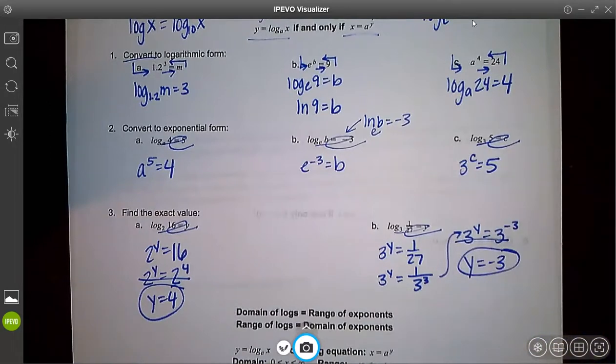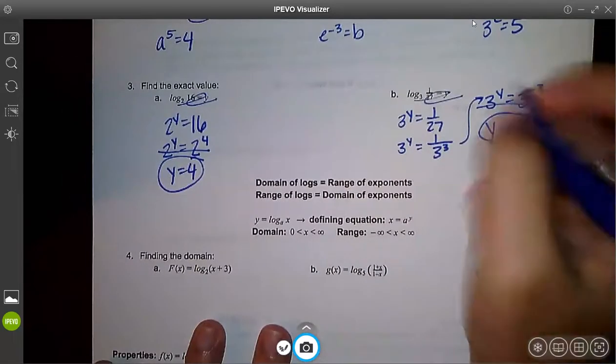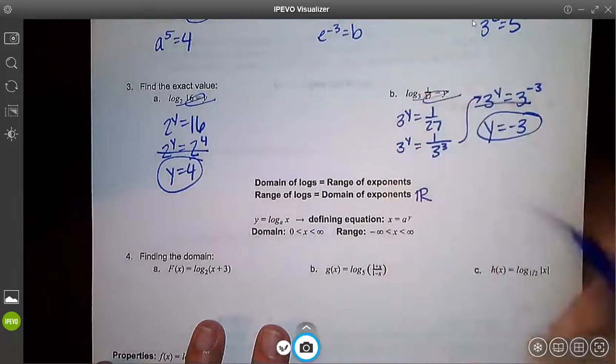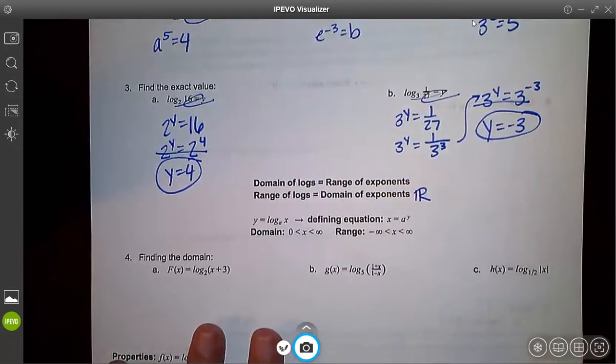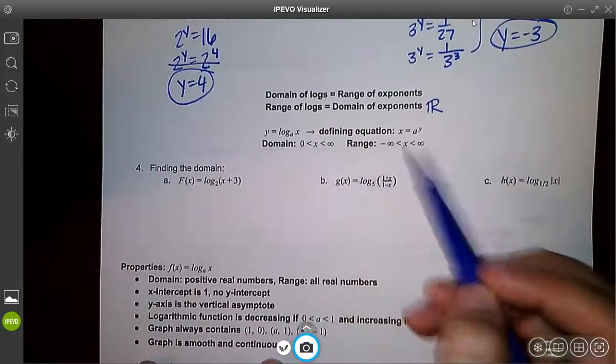So because the log is the inverse of the exponent, and like we started this unit with inverses, the domain of logs is the range of the exponents. Range of logs, domain of the exponents. The domain of the exponents, remember, was always all real numbers. So the range of the logs is going to be all real numbers. This is the parent function.